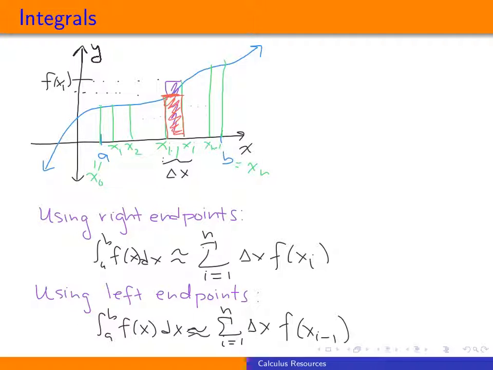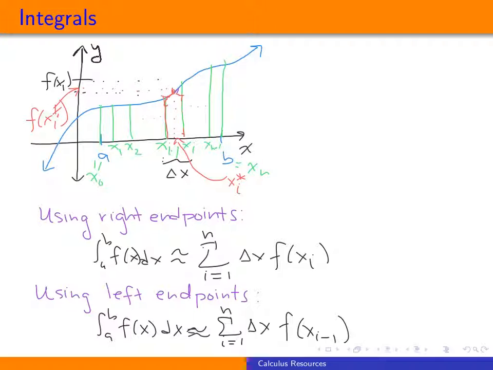Now, we could actually use any point in that interval to get the height of the rectangle. So for example, we'll just pick some special number in between and call it x sub i star, to denote any random number or point between x sub i minus 1 and x sub i. I use that, and I go up and find out where that hits the curve up here. And that hits the curve at f of x sub i star.